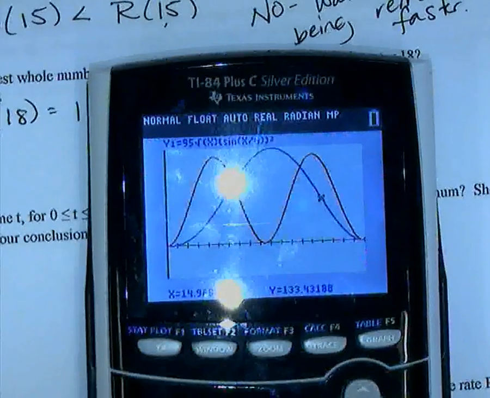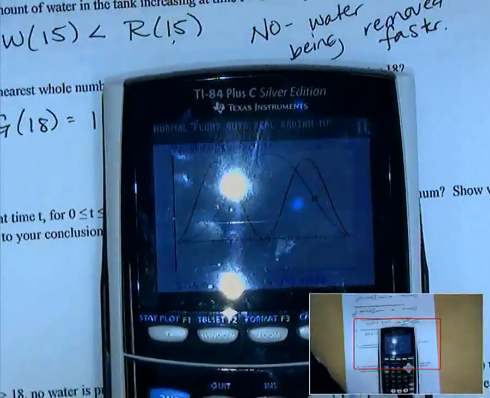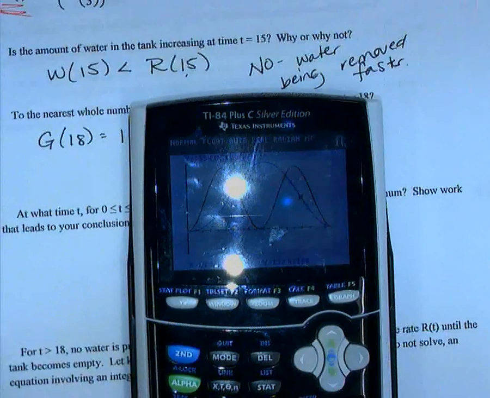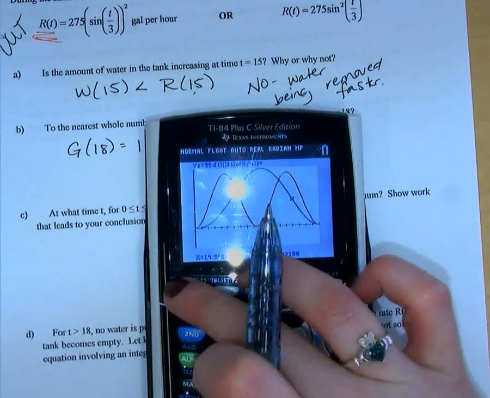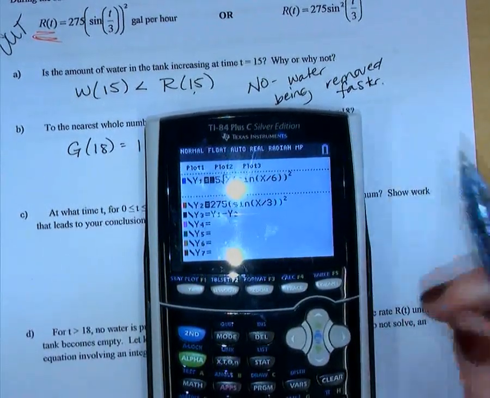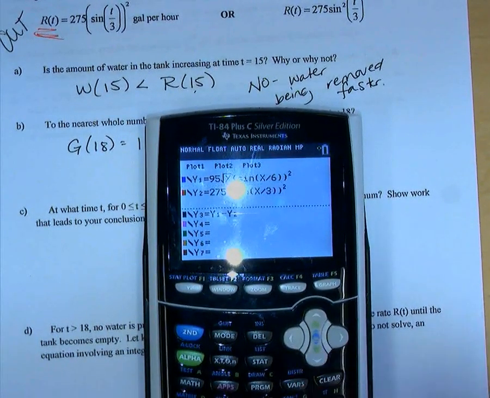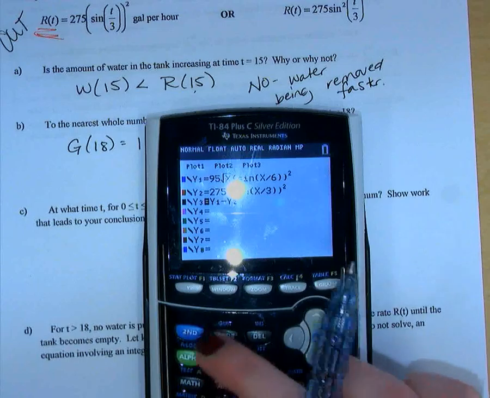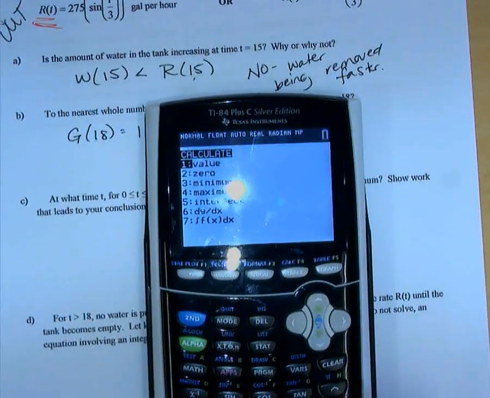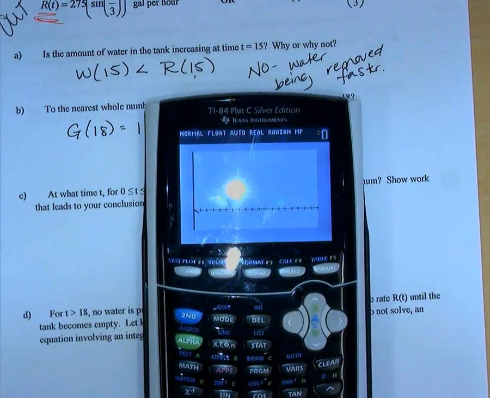What I did on my calculator, and I just realized I zoomed in on my paper, so you might not be able to see all that, is I've already put into Y3, Y1 minus Y2. So I'm going to turn the other two graphs off, turn Y1 minus Y2 on, second trace, option 7, it's going to graph, and then I have to enter my lower limit and my upper limit to get the integral.